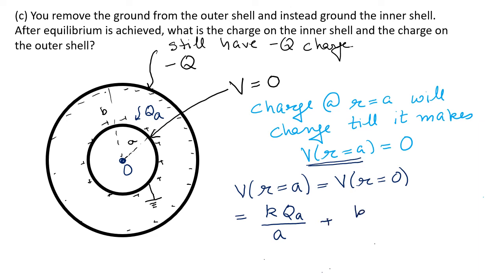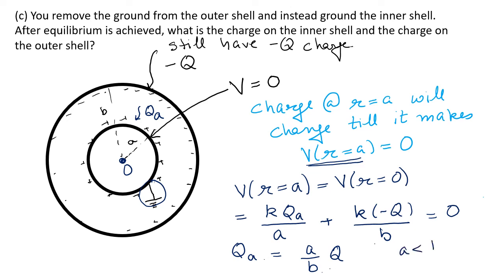plus the potential which is due to the charge present at B. And because we have grounded, this sum of potentials should be 0, and thus my QA should be A by B Q. And since A is less than B, it is telling me that this term is less than Q. Some of the charge which I had put on the inner conductor went to the ground.